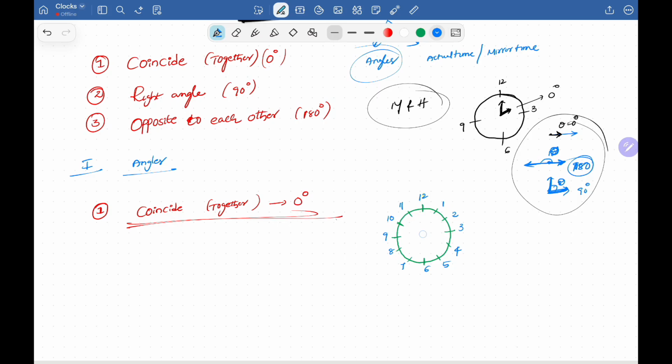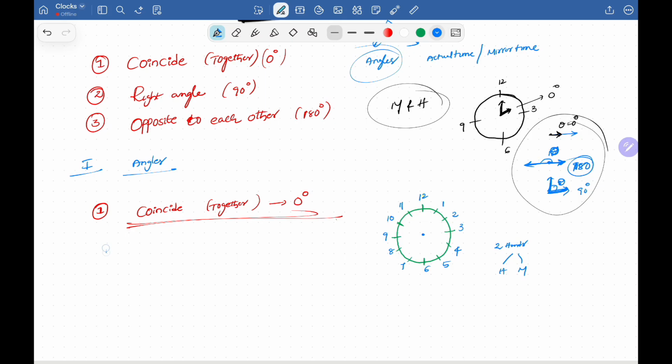There are two hands, one is the hour hand and one is the minute hand.